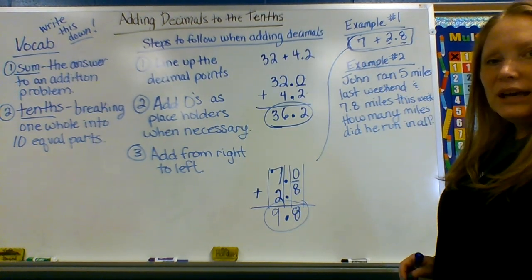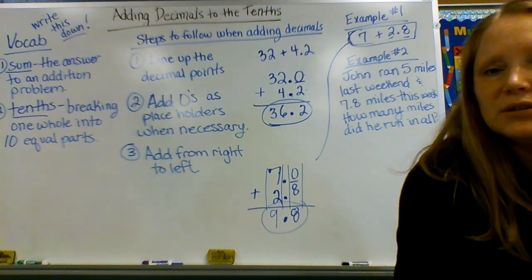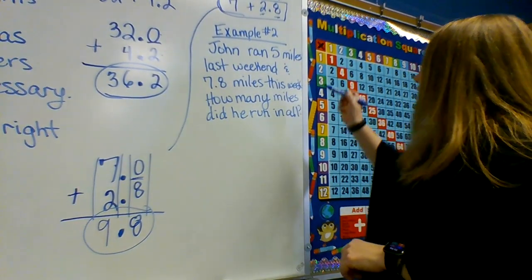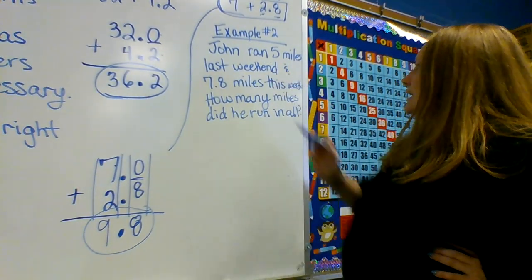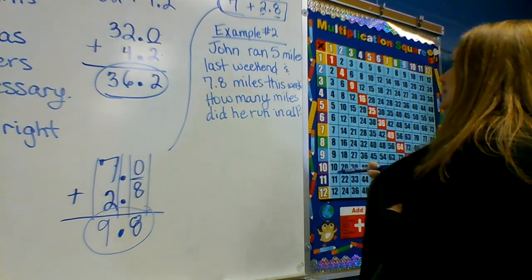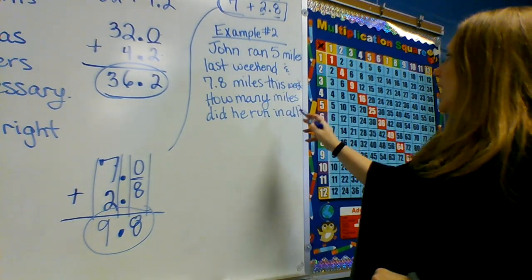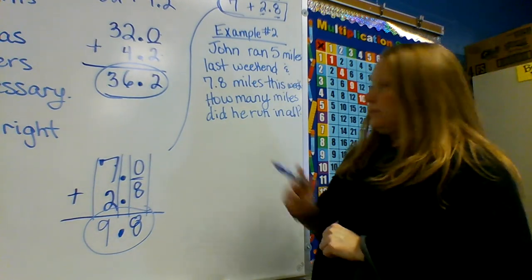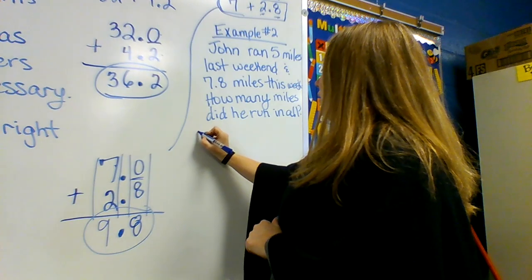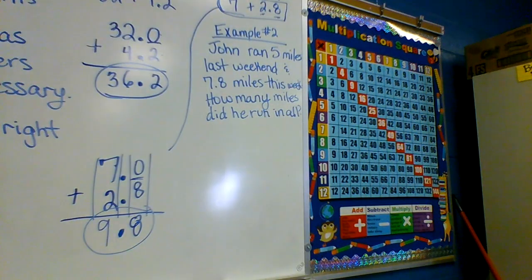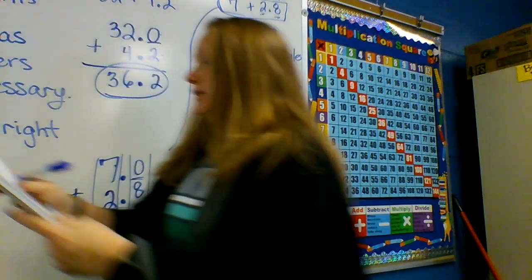Now example number 2. Let's look at this one extra close. John ran 5 miles last weekend and 7 8/10 miles this week. How many miles did he run in all? So, let's make sure we call it the correct thing.